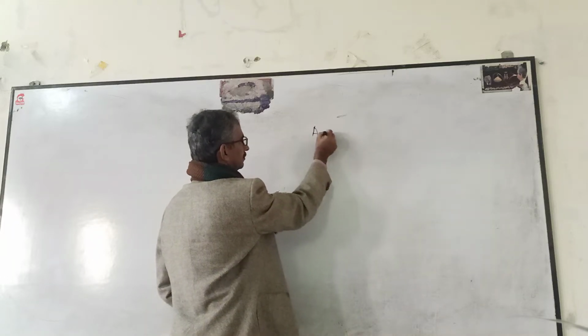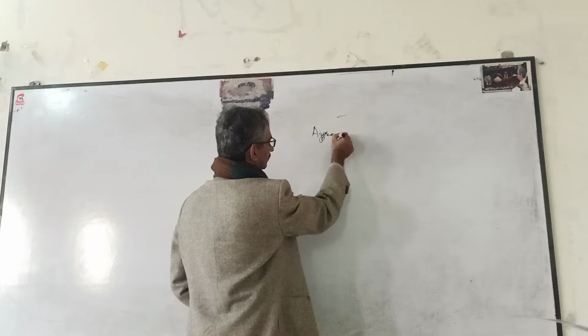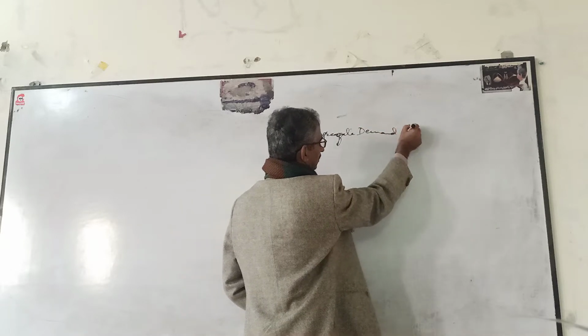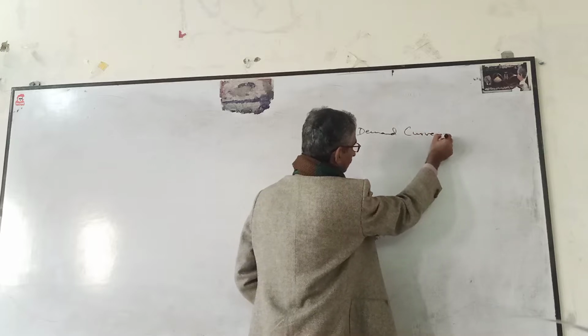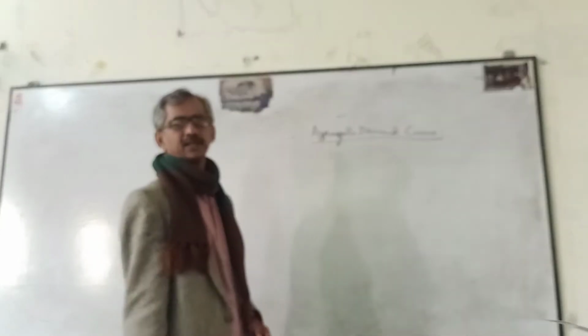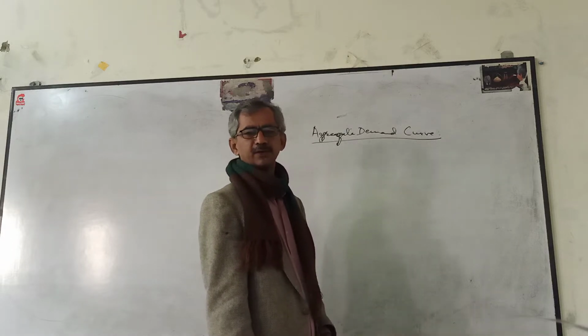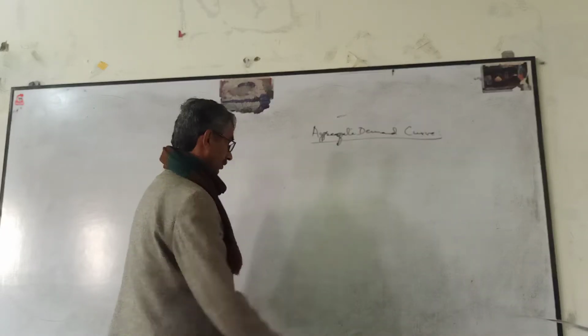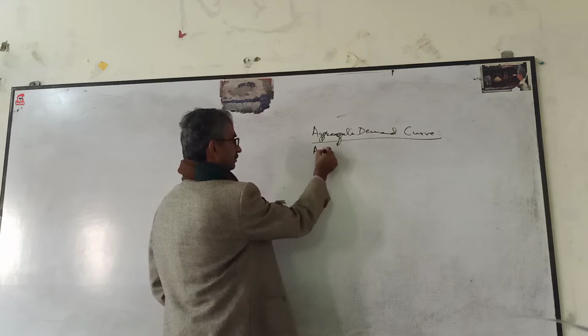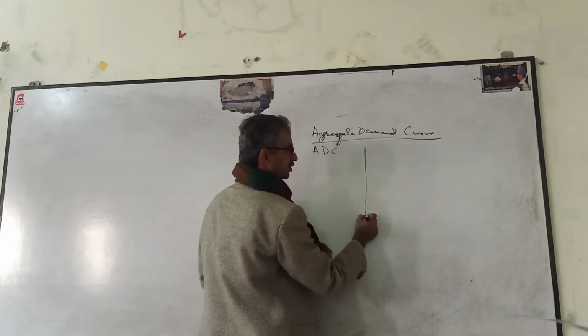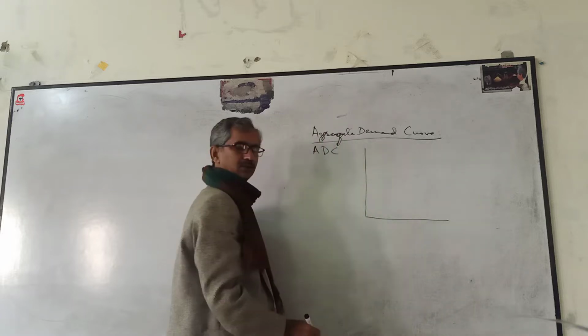Aggregate demand curve. As we have discussed, aggregate demand means the real GDP, or the GDP of a country. So the aggregate demand curve is the graph I also discussed in the last lecture.